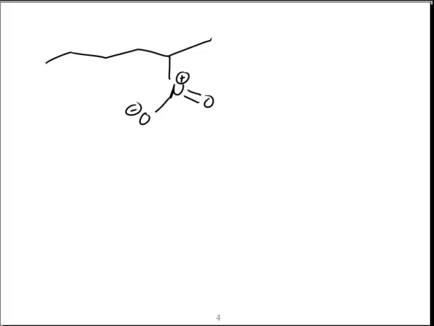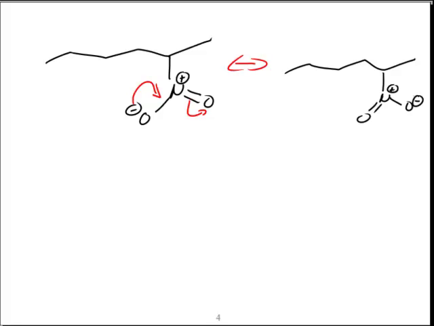So just as an aside, we can draw resonance structures on nitro groups. That look like that. You'll often see them just labeled as NO2. So numbering them is the same way as you number any other alkyl group.